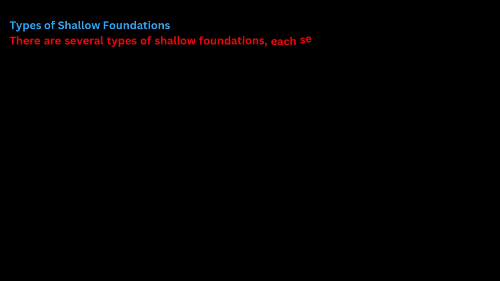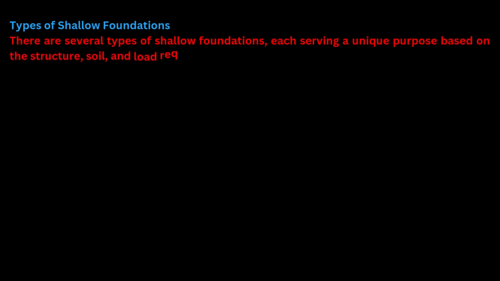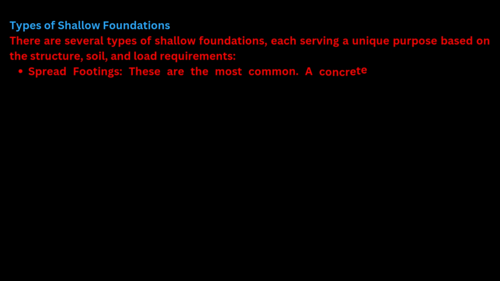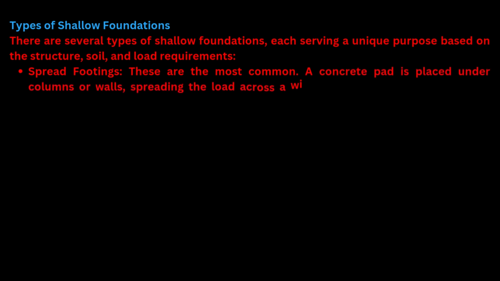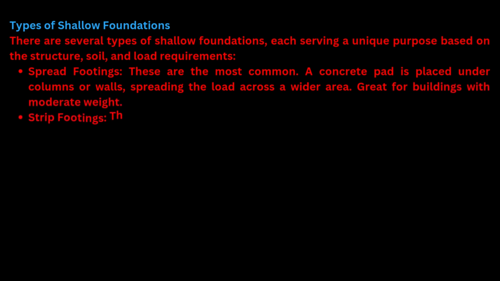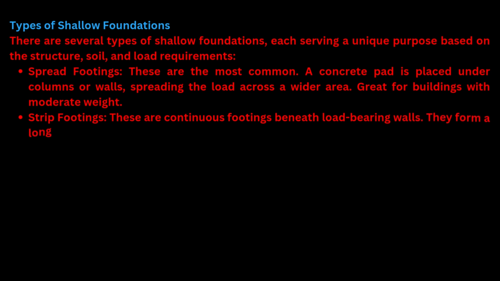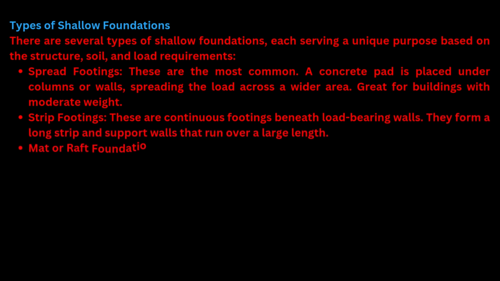Types of shallow foundations. There are several types of shallow foundations, each serving a unique purpose based on the structure, soil, and load requirements. Spread footings. These are the most common. A concrete pad is placed under columns or walls, spreading the load across a wider area. Great for buildings with moderate weight. Strip footings. These are continuous footings beneath load-bearing walls. They form a long strip and support walls that run over a large length.